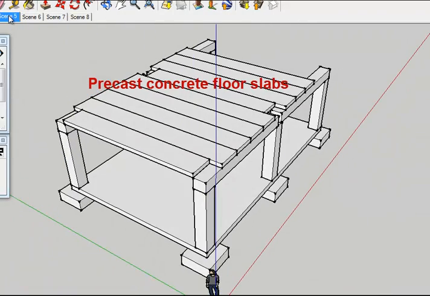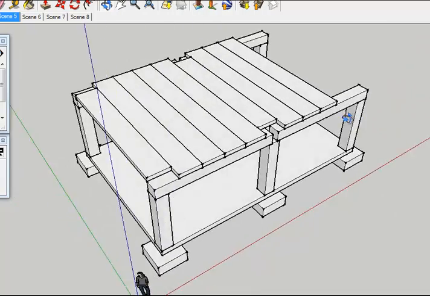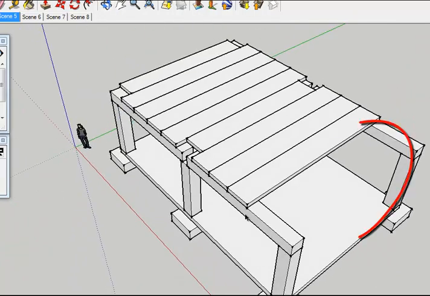The next shot here shows precast floor slabs. There's a range of different types of pre-stressed slabs that are commonly used. You notice also that I've left a gap at the end, so that's where our stairs would go, and or lift, and possibly a vertical services shaft.